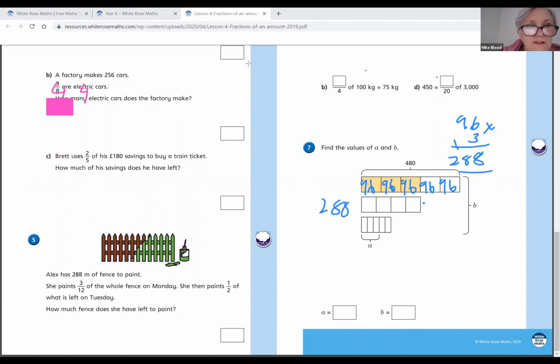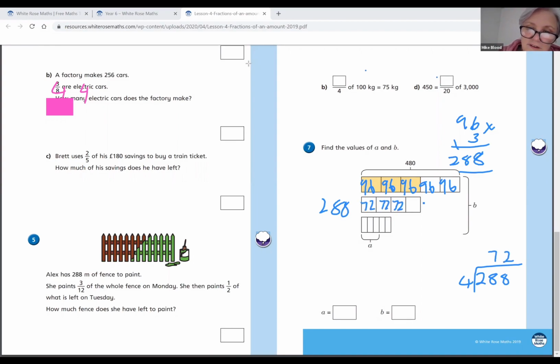Now there's an ambulance going past, and another police car. I don't think you can hear this. There's something obviously going on. So 288, and I've got 4 bars. So 288 divided by 4. 4's into 28 goes 7. 4's into 8 goes 2. So each one of these is 72.